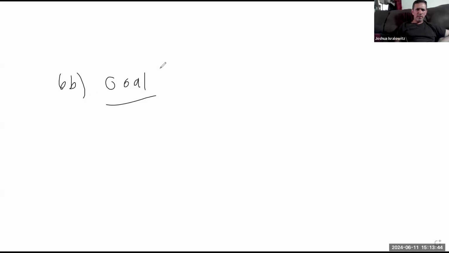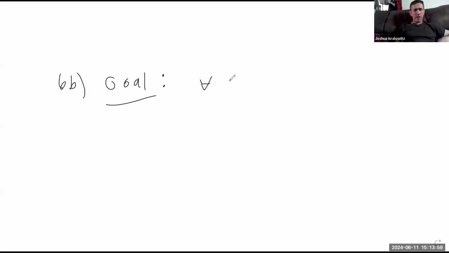I do want to emphasize this is definitely one of the harder ones. There's no super easy shortcuts. I just got to plow through it.